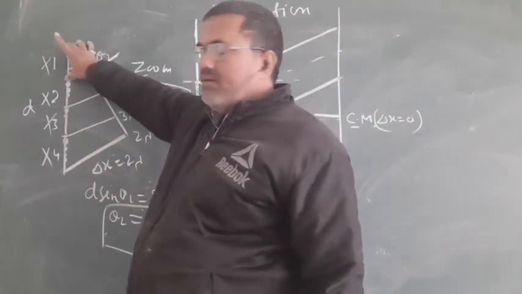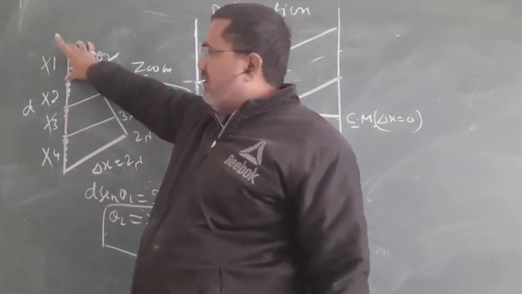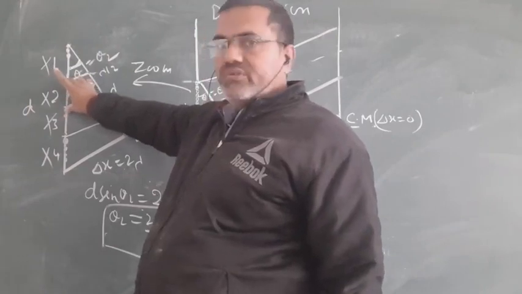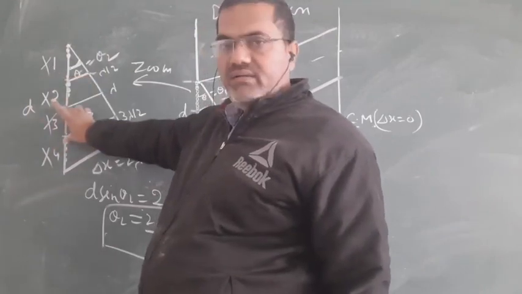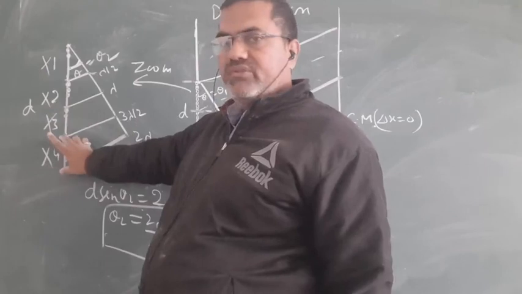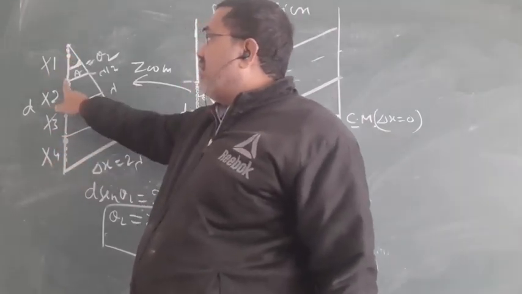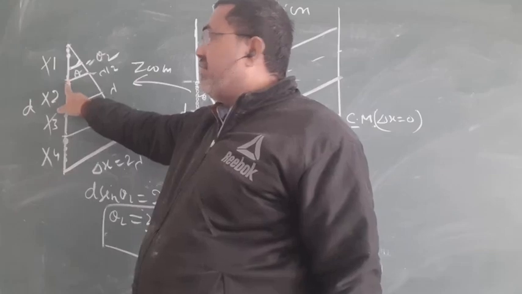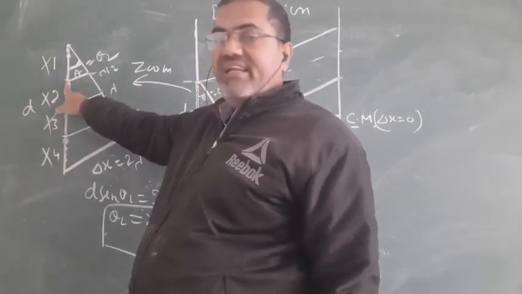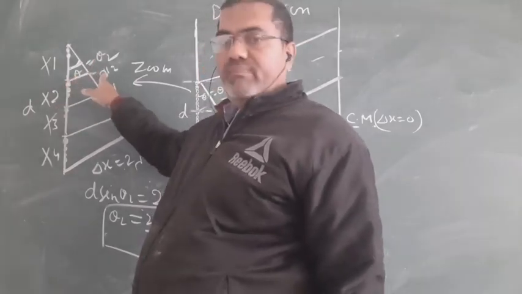Particles of this portion are cancelled out by particles of this portion. Similarly, particles of this portion are cancelled out by this portion, because the first particle and the particle below this line will meet in opposite phase, that is, lambda by 2 path difference.